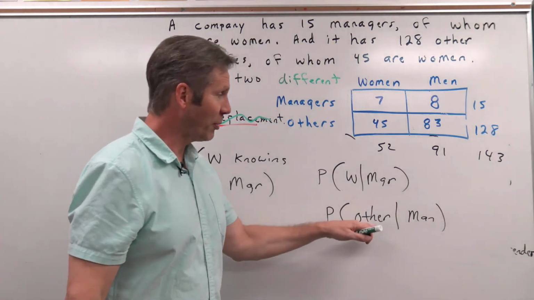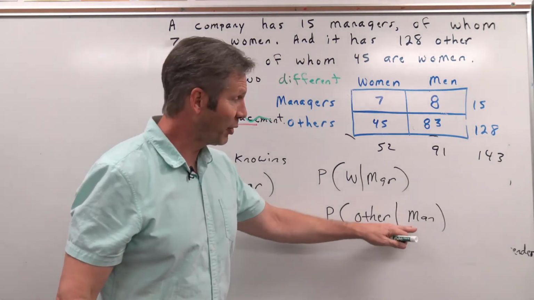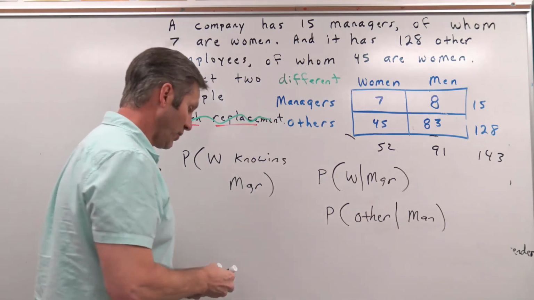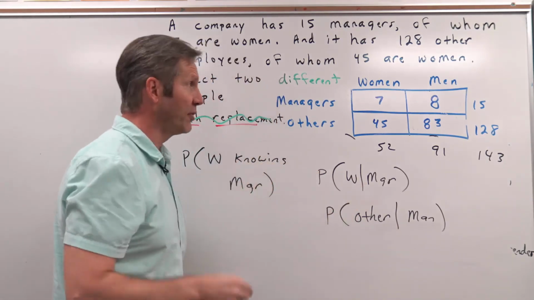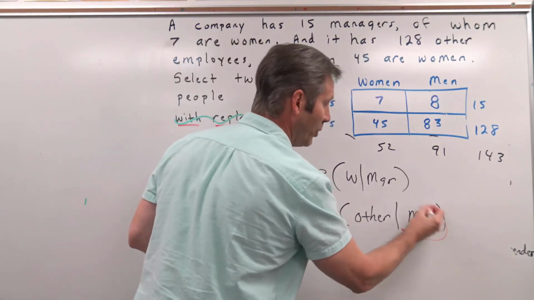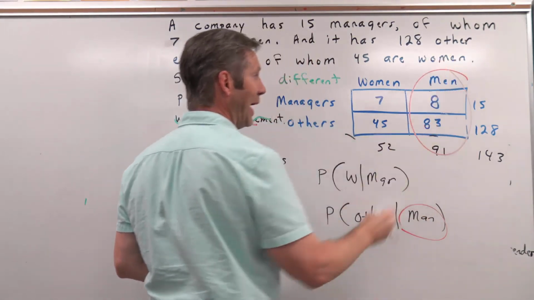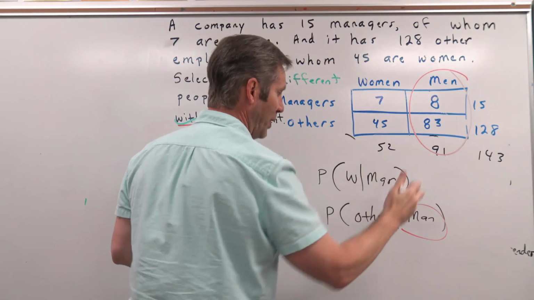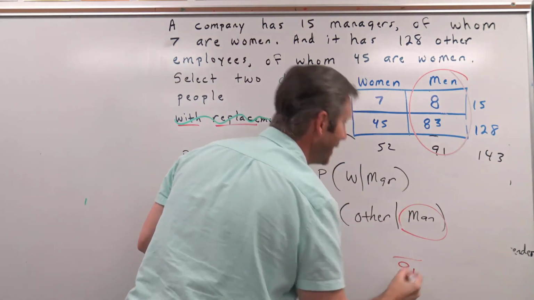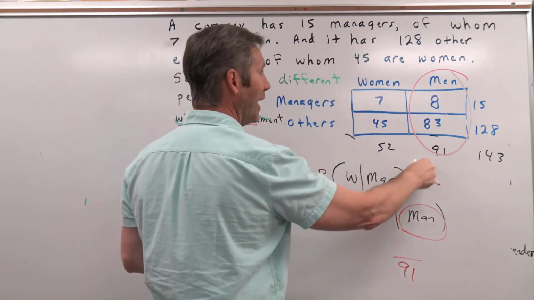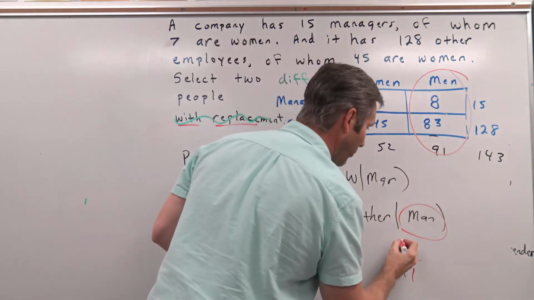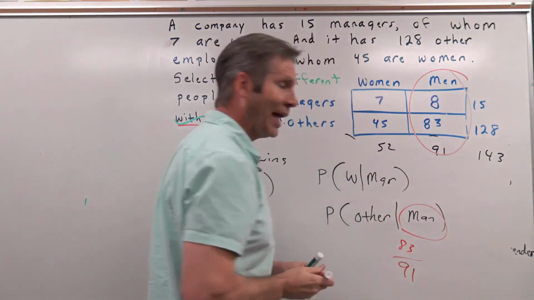We're told the probability we get an other given that the person was a man. So now, even though there's only one person selected, there is one characteristic we know for sure about this individual, that they must be a man. So now we're just down to this sample space that has 91 people in it. Now, out of those 91, 83 of them are other employees, so our probability would be 83 out of 91.